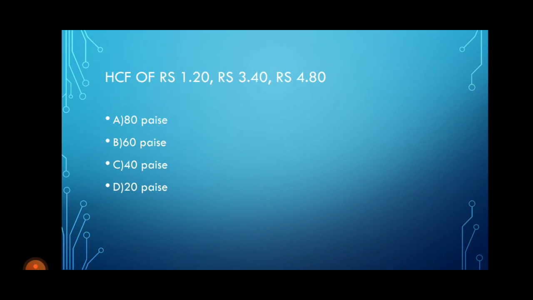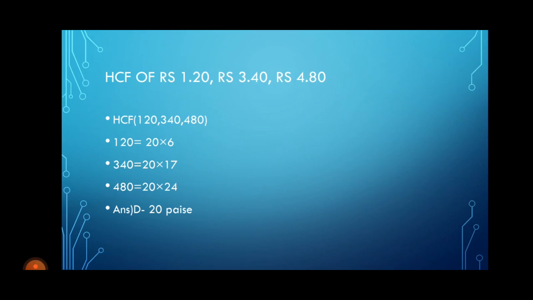Next question is the HCF of 1 rupee 20 paise, 3 rupee 40 paise, 4 rupee 80 paise. 4 options are given. To find the HCF of these values, we have to convert them into paise.